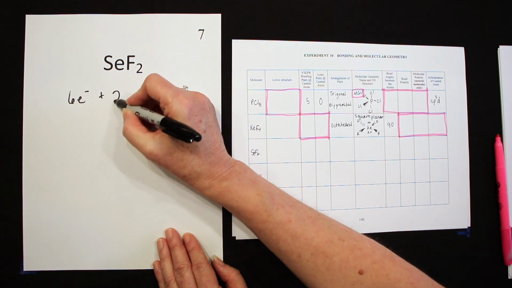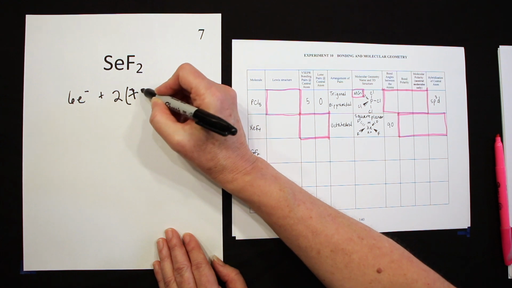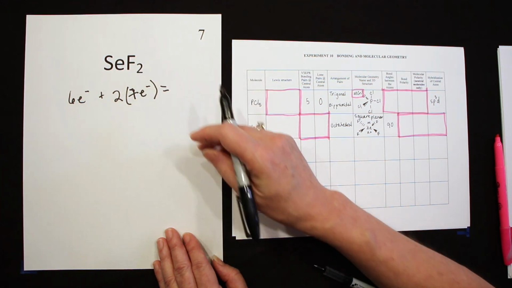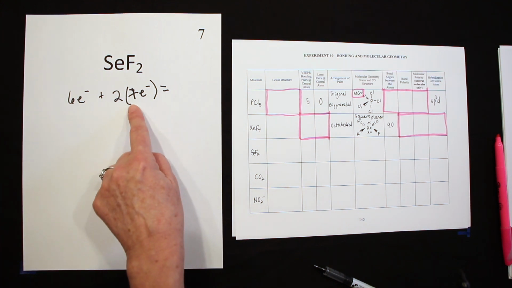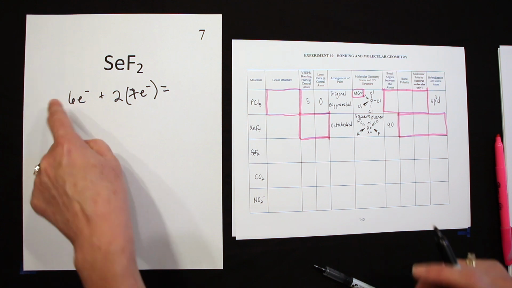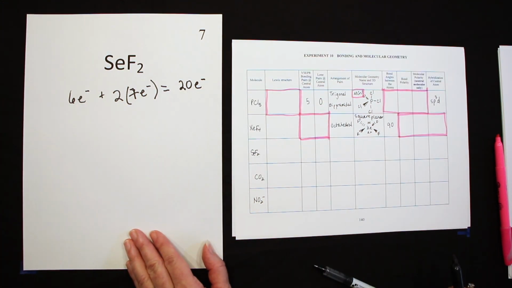And fluorine is in group 7, so it has 7 valence electrons. I've got 14 plus 6. I have 20 electrons that I need to populate in my structure.